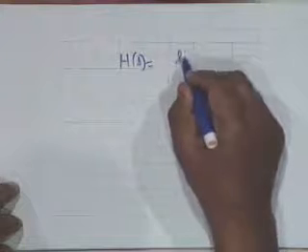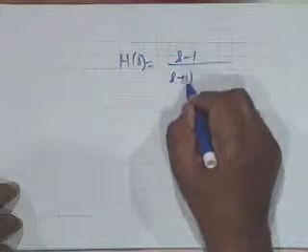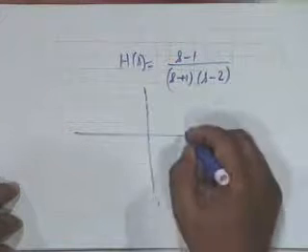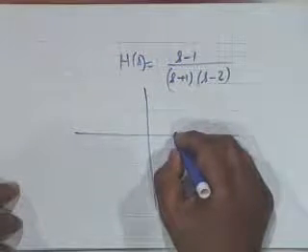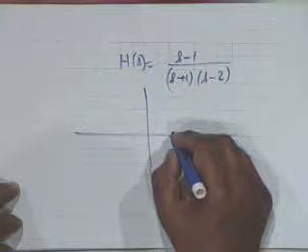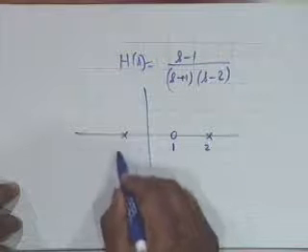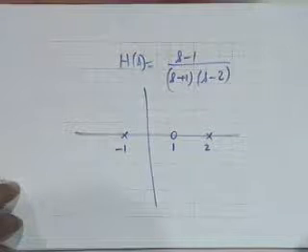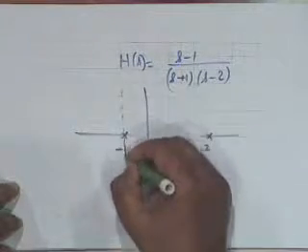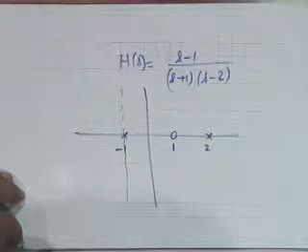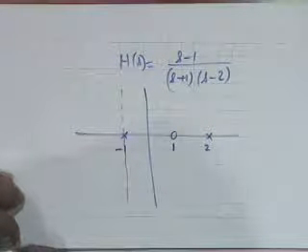Let's take the third situation, s minus 1, s plus 1, s minus 2. And once again I show 0 at plus 1, pole at plus 2, and pole at minus 1. Now, it is known that the system is neither causal nor stable.